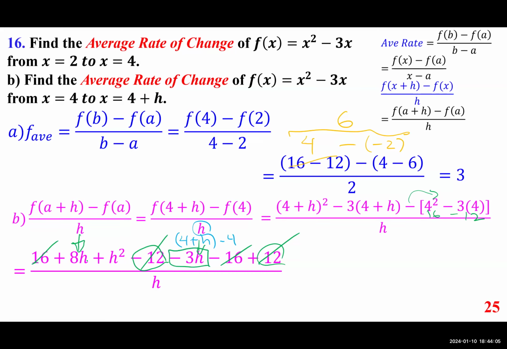And these two add up to 5h. You can factor the h out from the numerator, and the h from the top and the bottom drop. You end up with h plus 5 as the final answer.